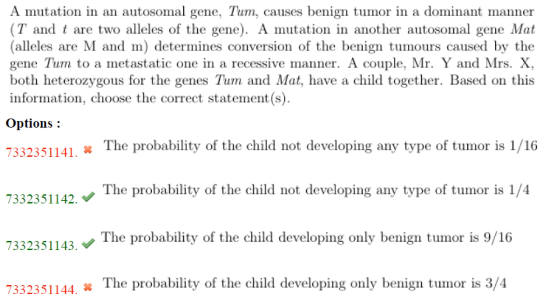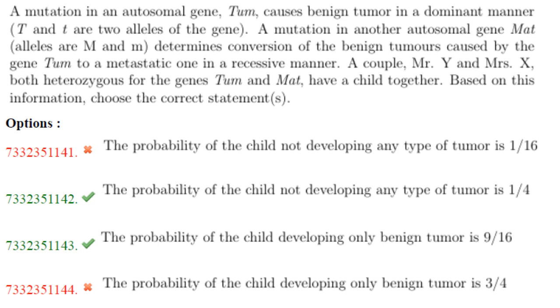It's a very simple Mendelian genetic problem. So here there is an autosomal gene called the TUM, that causes benign tumor when it is found in the dominant manner. That is capital T. If it is there, then it is due to the gene for benign tumor, that is TUM.